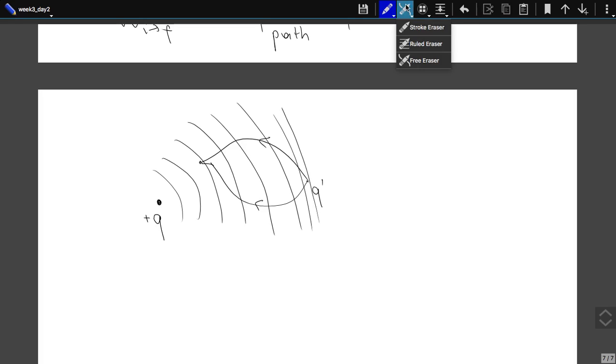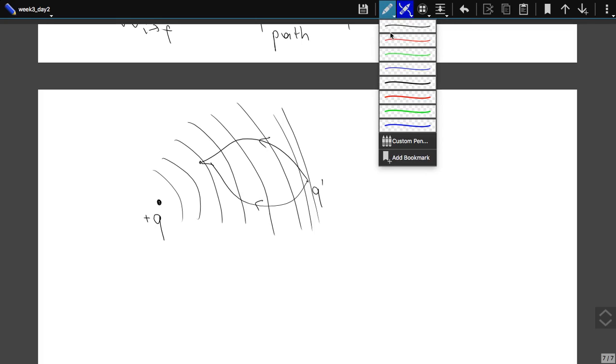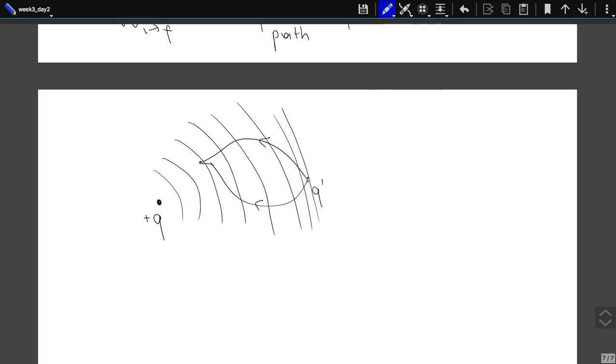Let's say you start from here, take a circular part, then a horizontal part, then another circular part, radial part, circular part, radial part.